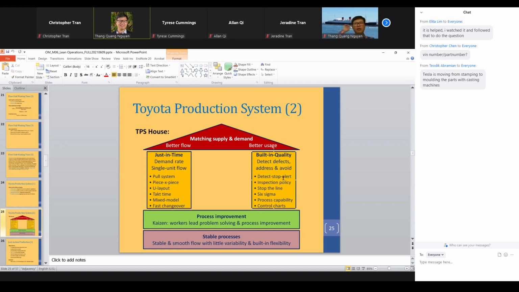Right? To do the detect, you have to do inspection. And how do we do inspection? In the ideal world, we might think that, oh, in that case, we put an inspection station at the end of each step, right? But then if there are thousands of stations, then we do thousands of inspections. Is that good?